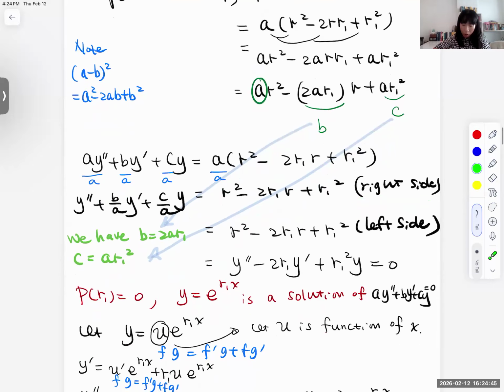Then we have b equal to 2a r sub 1 from here, and c equal to a r sub 1 squared from here.